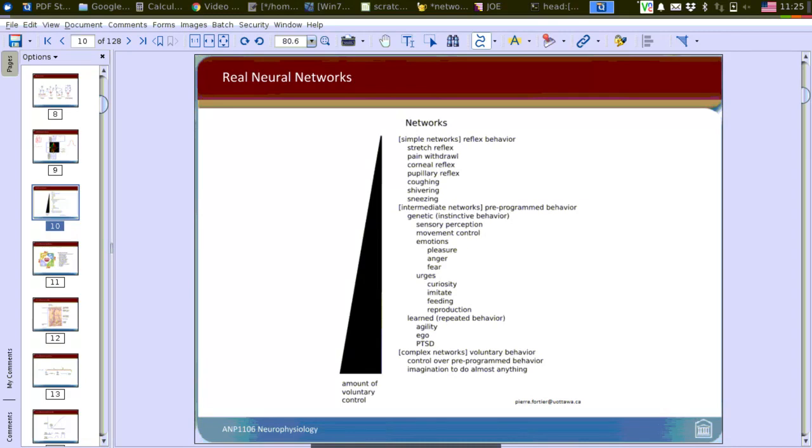The nervous system is designed to promote survival and reproduction for continuation of the species. So there are numerous pre-programmed networks to handle common situations. There are genetically derived networks for sensory perception.